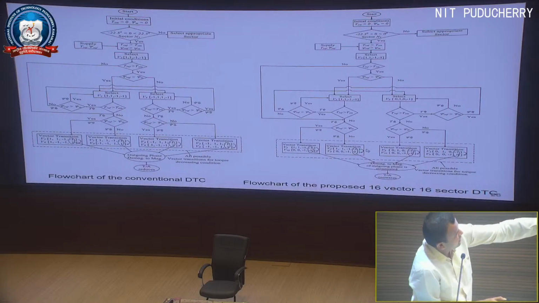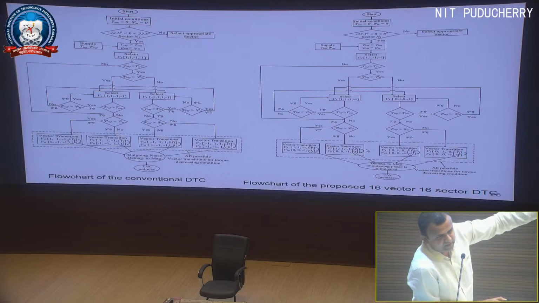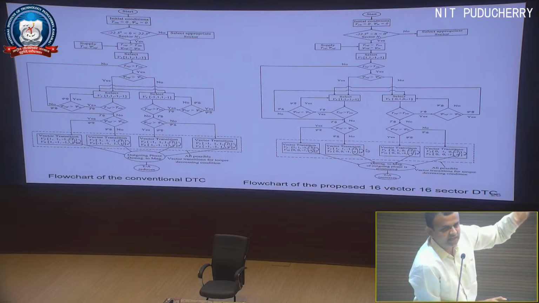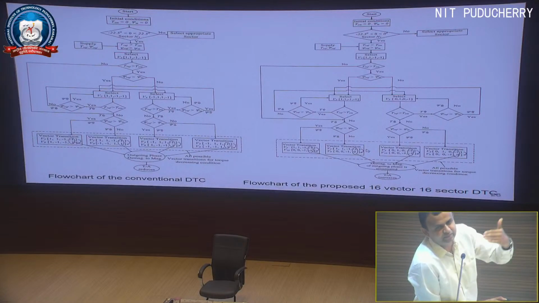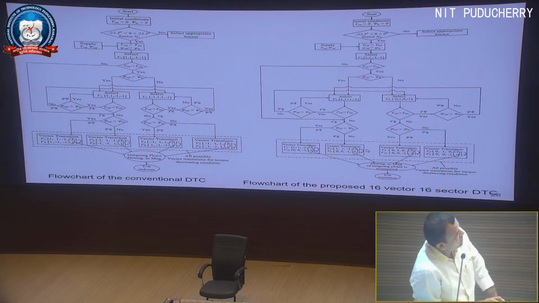But in the case of 16 vector, 16 sector, you can see that -1 to -1 means it either remains the same in the next switching, or at worst goes from demagnetizing to freewheeling mode, or magnetizing to freewheeling. It will not skip any mode, it will go in sequence. That is also what we observed.